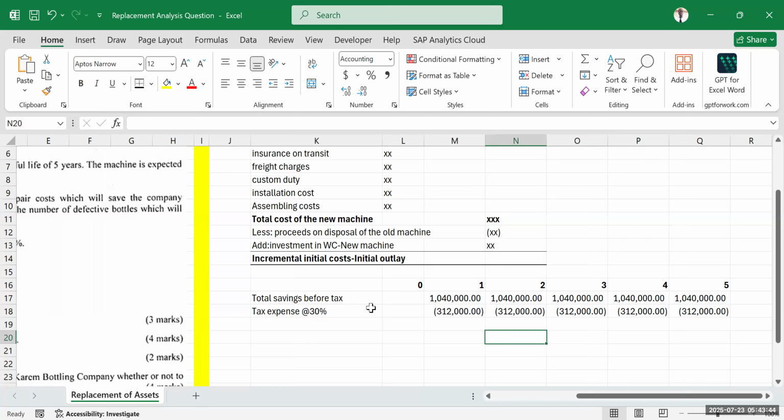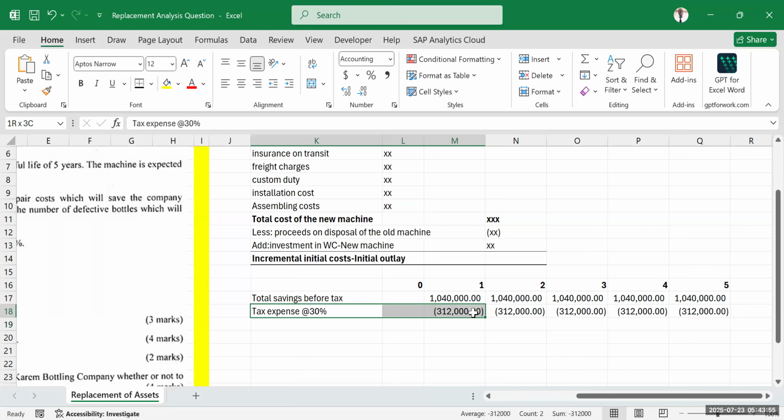Now, instead of deducting depreciation, charging tax, adding back depreciation, it is still the same as charging tax on the total savings, and then you add the tax shield benefit on that depreciation. The two treatments, net effect is still the same. You can adopt any of them and you'll still get the same answer.